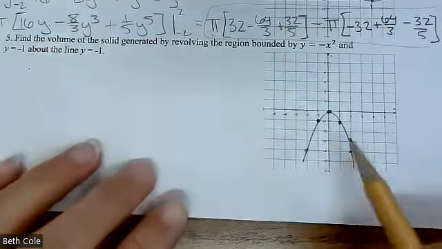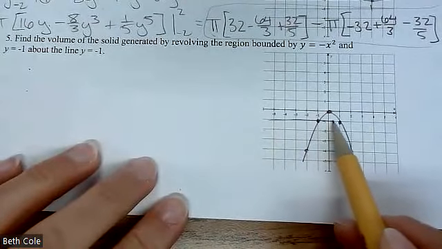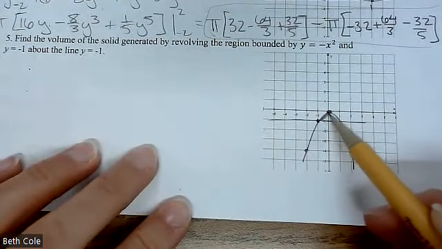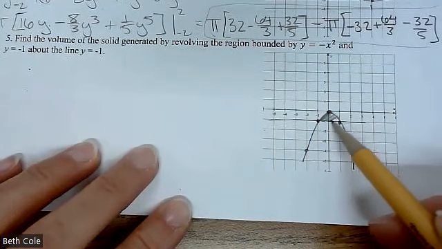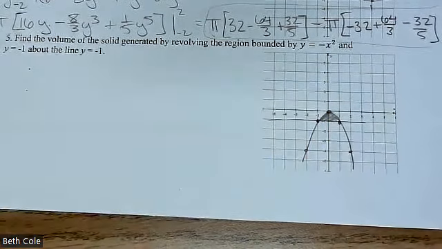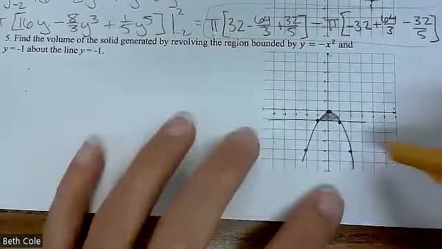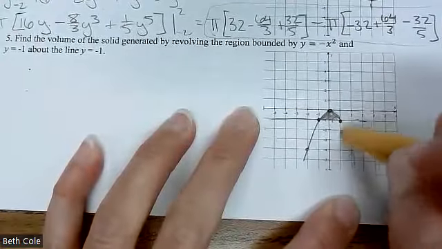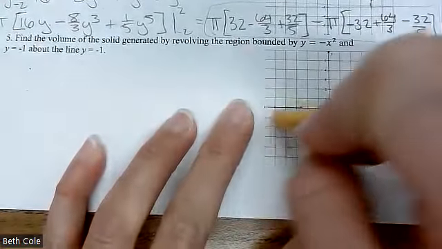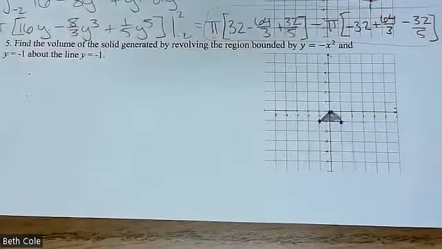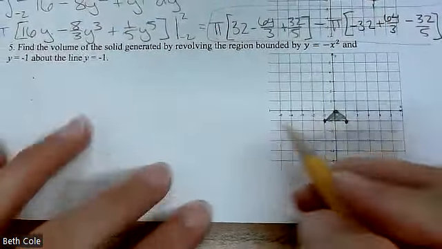And then y equals -1 would be right here. And so you end up with actually this tiny little shape. All right, so erase all these little tails around the outside of that. And we're going to revolve around y equals -1.